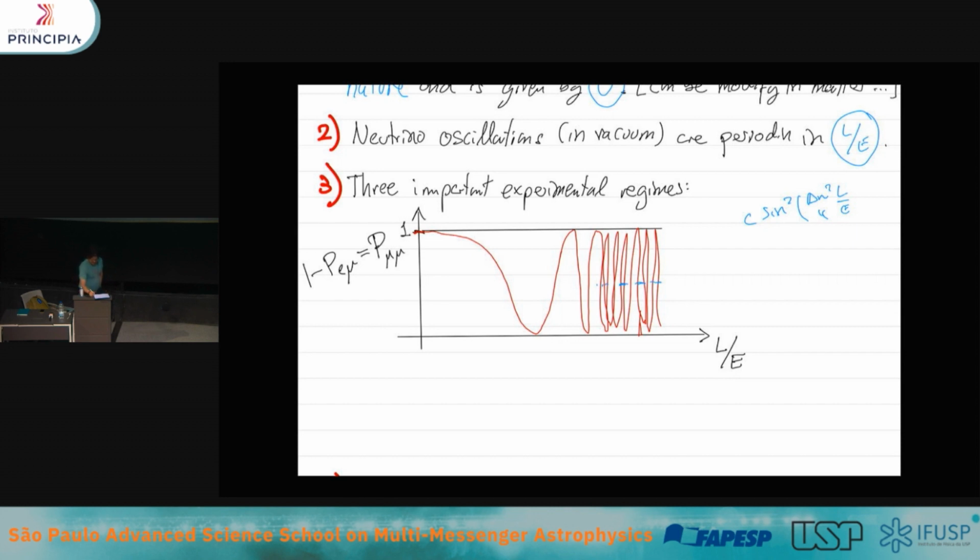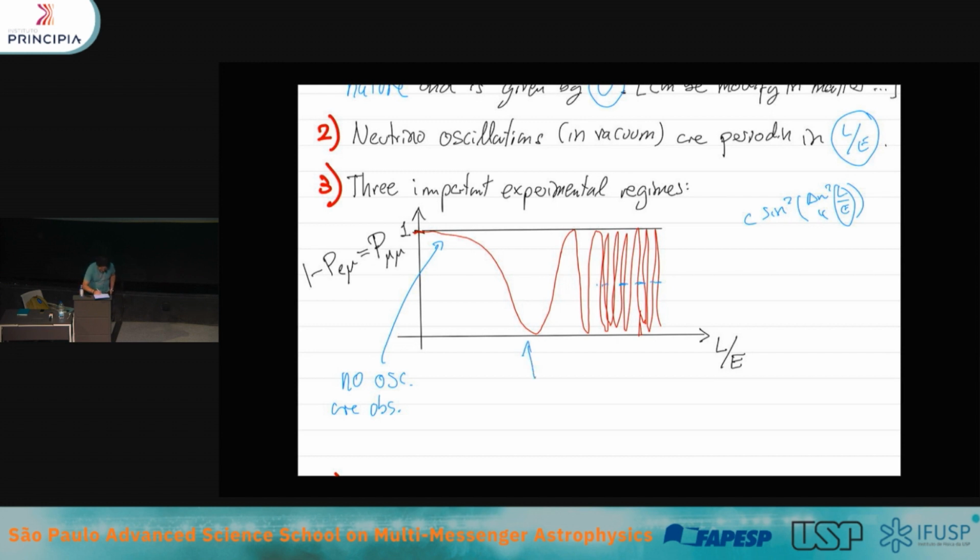So this oscillation here is going to depend on this quantity. So when L over E is small, the transformation probability goes to 0, which means that the neutrinos do not change flavor. And so for a small L over E, no oscillations are observed. The reason is that there is not enough length for the oscillations to develop. You need to have farther spacing.